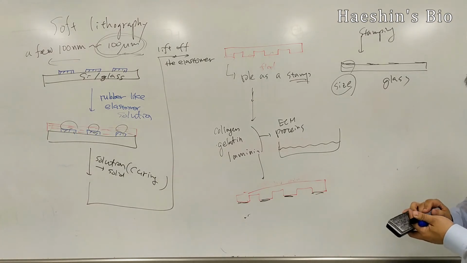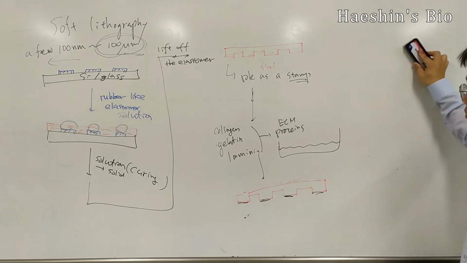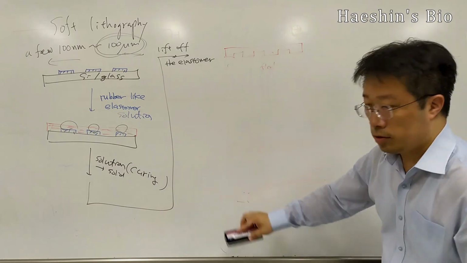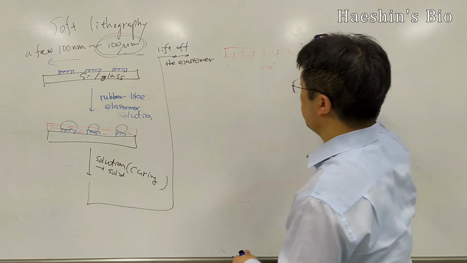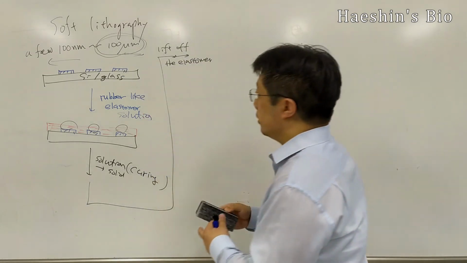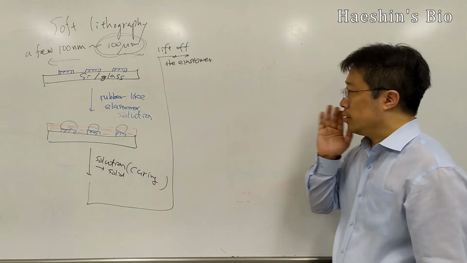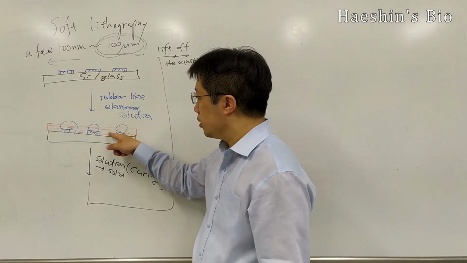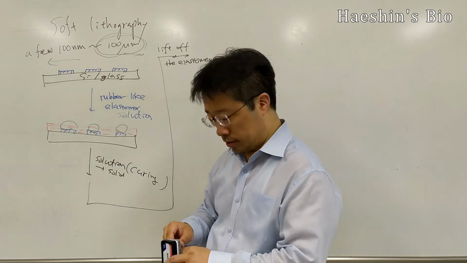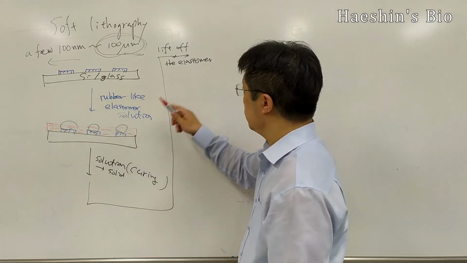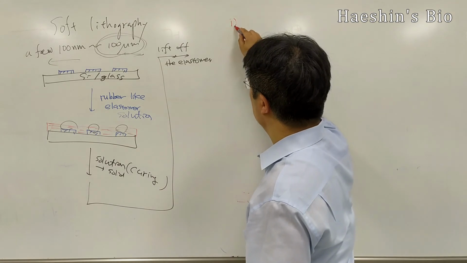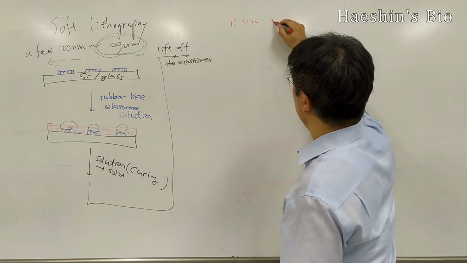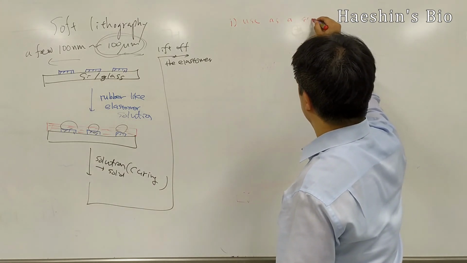I will do the second one. This is one way. This approach is you basically make a stamp. So you can make a stamp here. And the second one is you use this stamp by itself. Say the stamp that was the case number 1, and then use this stamp as a stamp.